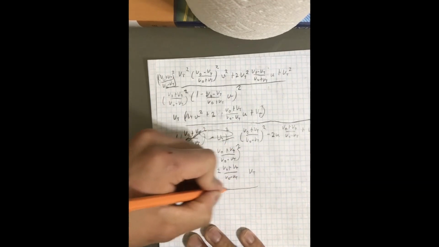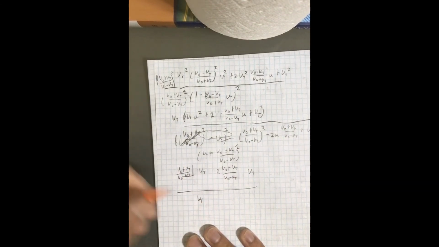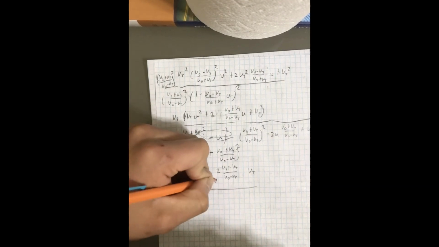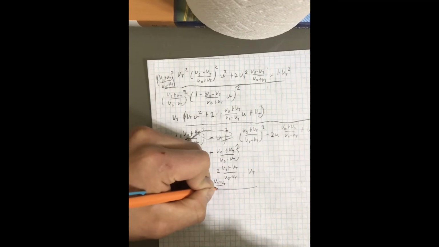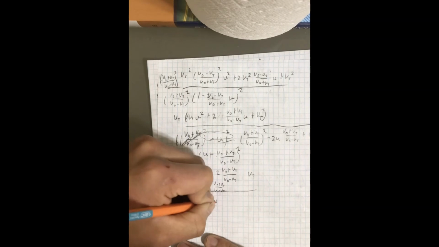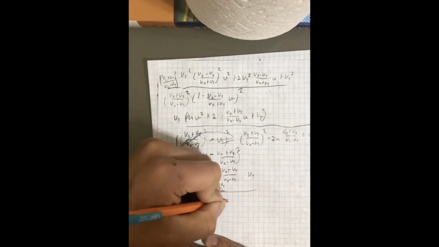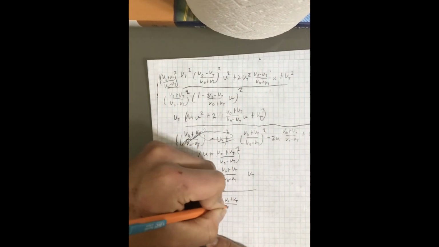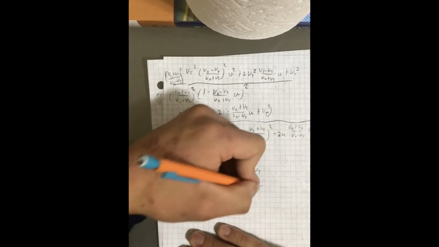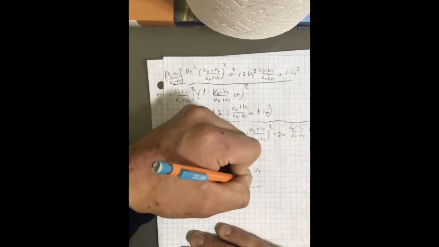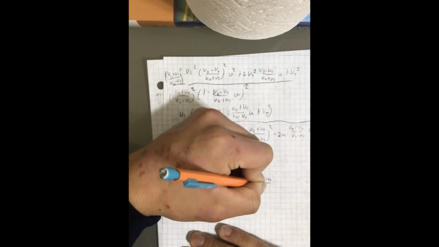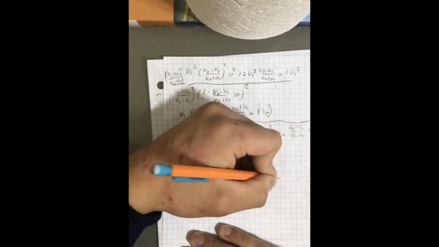So what you do with synthetic division is you bring this down, then you multiply this by that, you get Vt (V naught plus Vt over V naught minus Vt), and then you add these two, so you get 2 plus Vt (V naught plus Vt over V naught minus Vt), and multiply it again, you get (2 plus Vt)(V naught plus Vt over V naught minus Vt) squared.